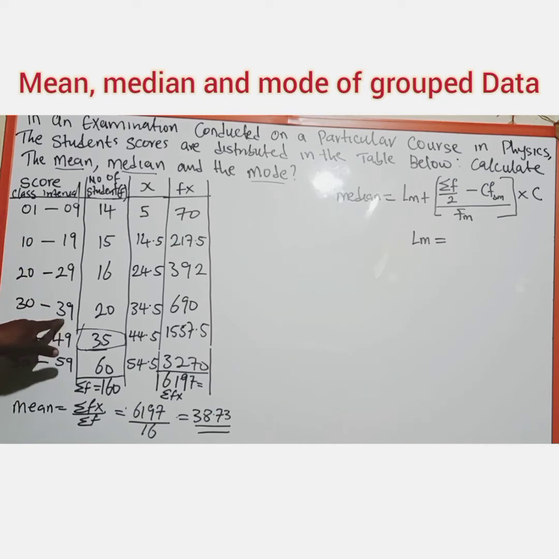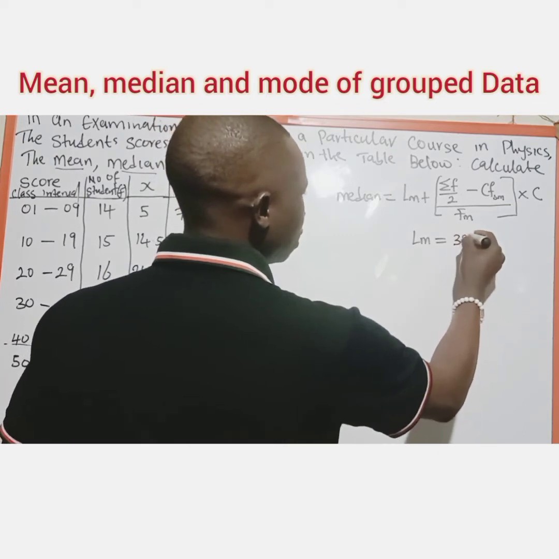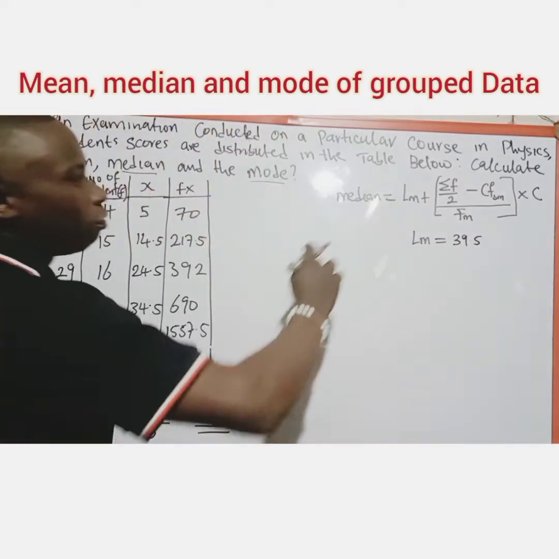This is the upper class boundary before the median here, and it's 39. So we are going to have 39 plus 40, which will give me 79. 79 divided by 2 will give me 39.5. Therefore, the limit of my median is going to be 39.5. So we have found this.